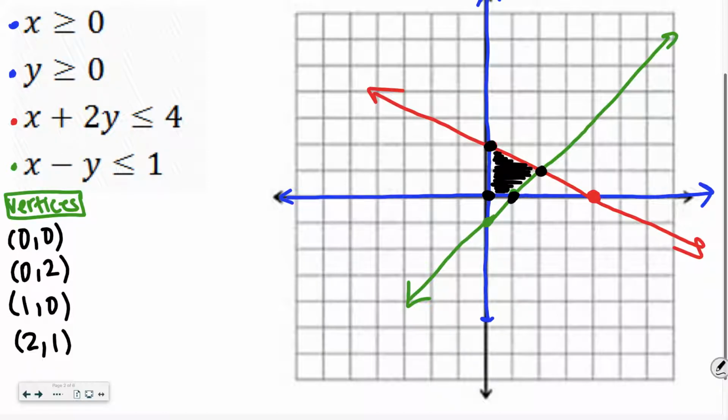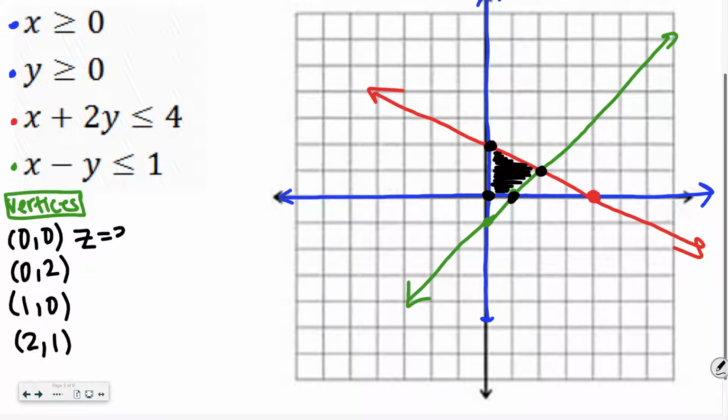Okay, with these vertex points, you are now going to plug them into your objective quantity. So our objective quantity was like z equals something? Z equals 3x plus 2y.